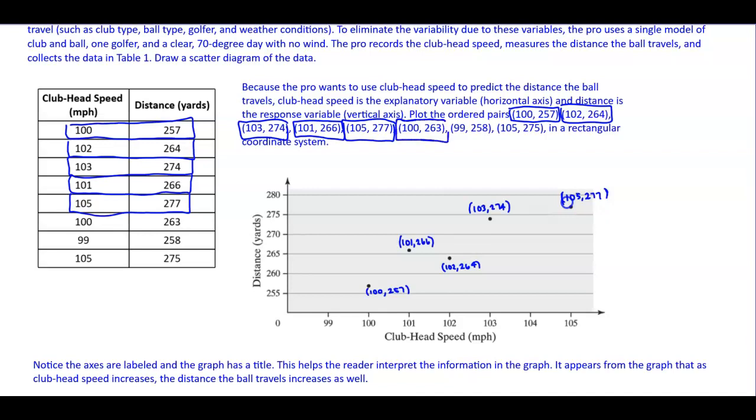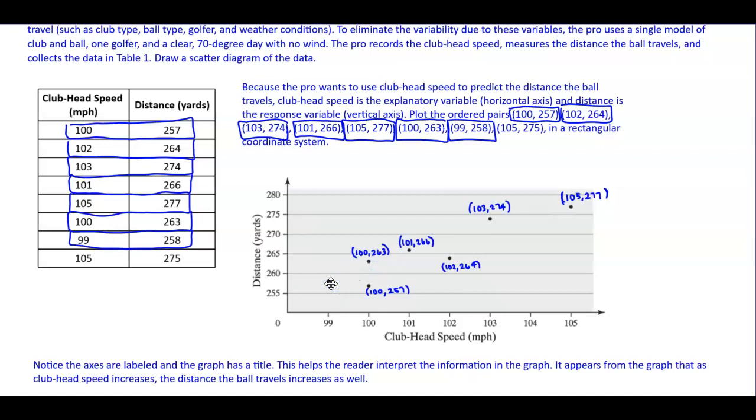Next we have 100 and 263. So here's 100 and 263. Our next ordered pair is 99 and 258.